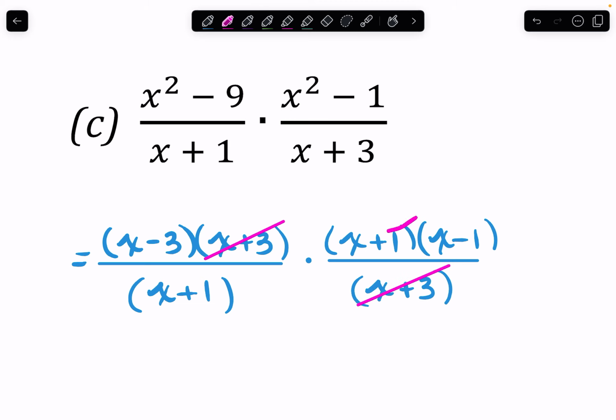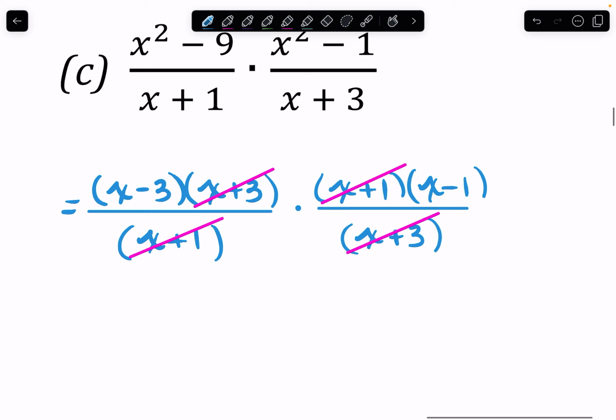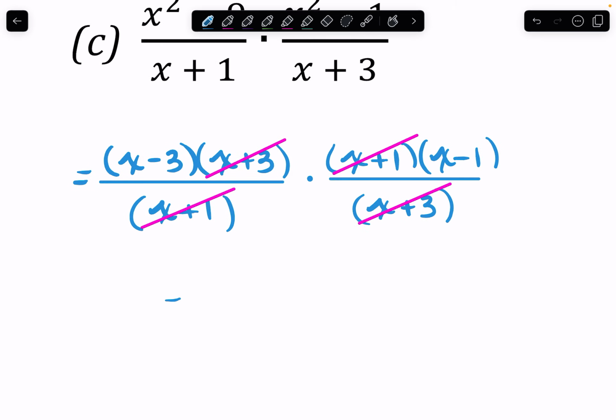I have an x plus 1 on the top. I also have an x plus 1 on the bottom. Those can be divided out as well. Nothing else is identical on the top and bottom, so that leaves us with the x minus 3 times x minus 1. Everything on the bottom divided out, so we only have the numerator left.